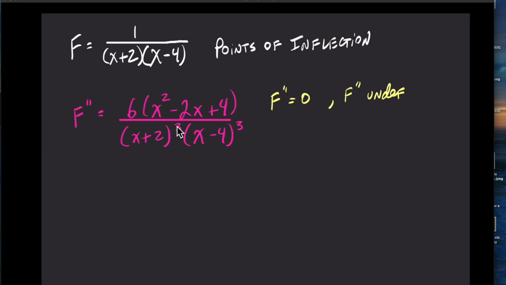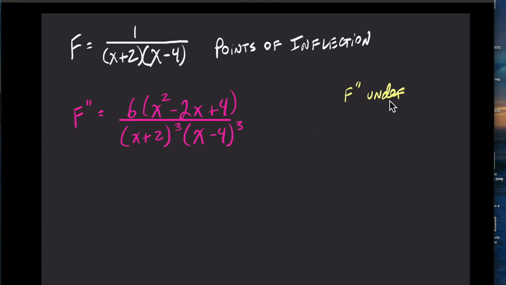So here, the discriminant is b squared minus 4ac. So it's going to be 4 minus 4 times 1 times 4. And you can see we have 4 minus 16, which is negative, meaning there is no value that will make that second derivative 0. So let's focus here on f double prime being undefined.